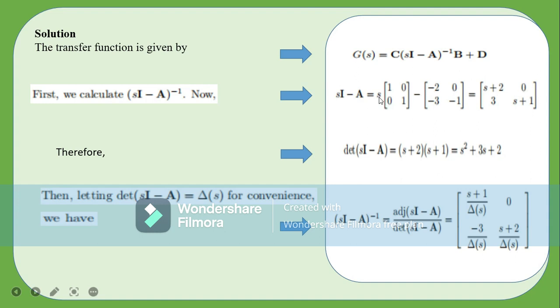In the same case, s times 0, so 0 minus minus 3 will give you plus 3. And here we have s times 1, and s minus minus 1 will give you s plus 1. So this is telling you that we need the inverse of this whole matrix.